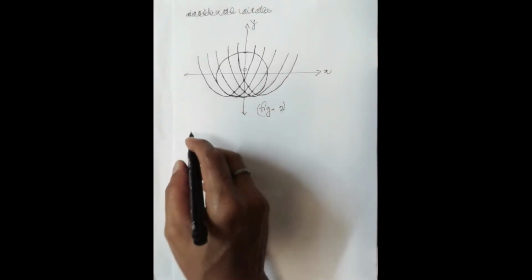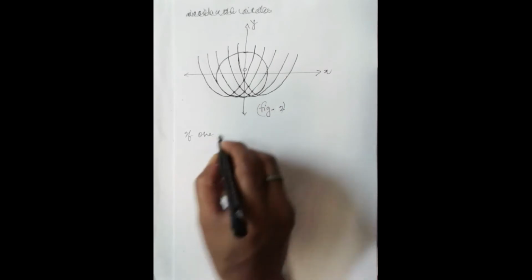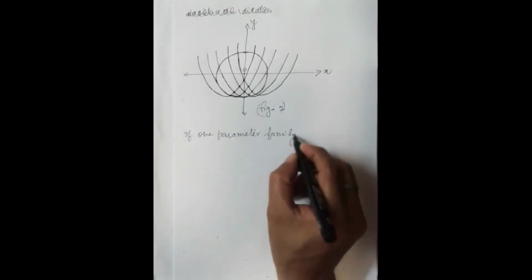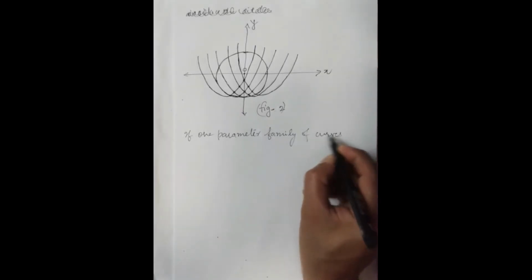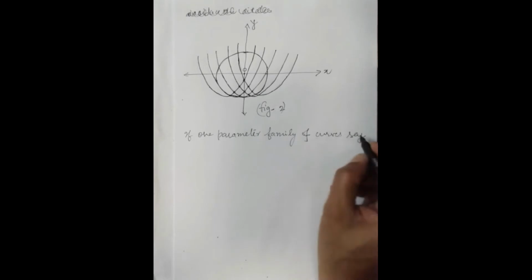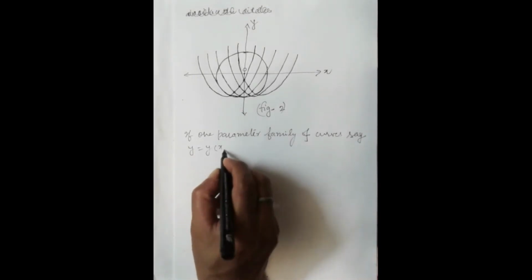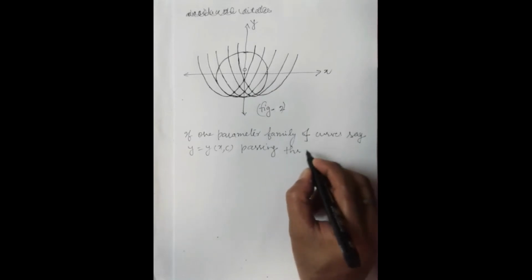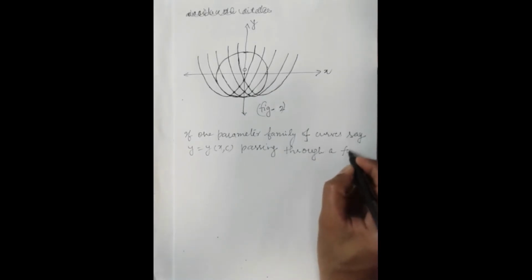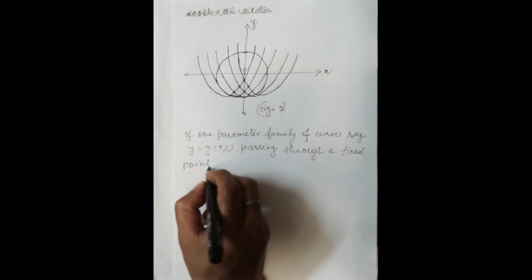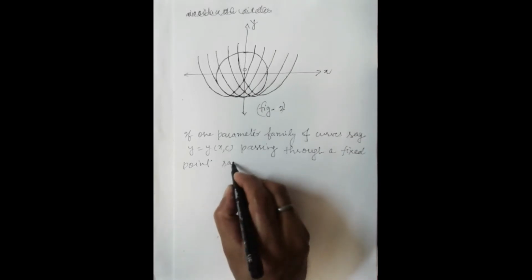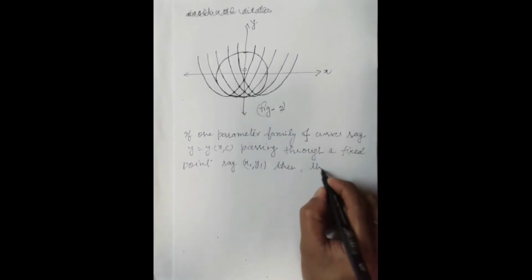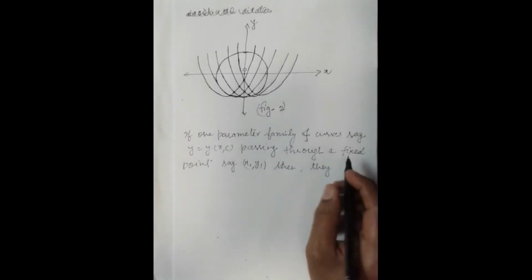Now, if a one parameter family of curves, say y equal to y(x, c), passes through a fixed point, say (x1, y1), then they do not form a proper field.